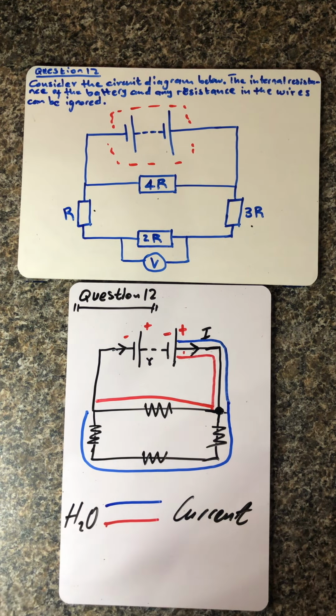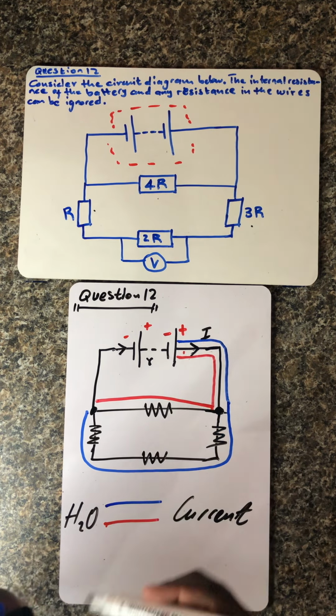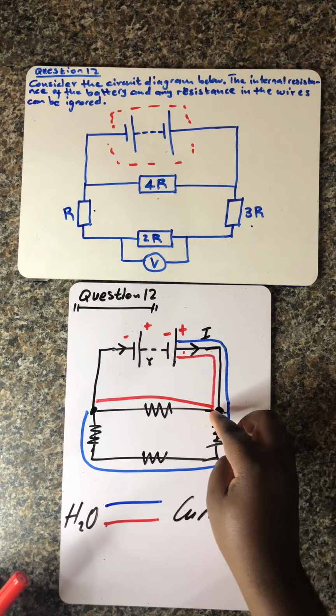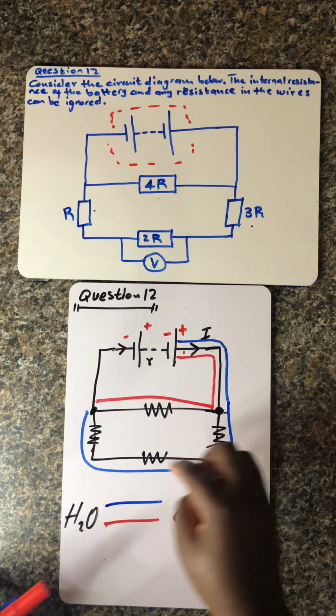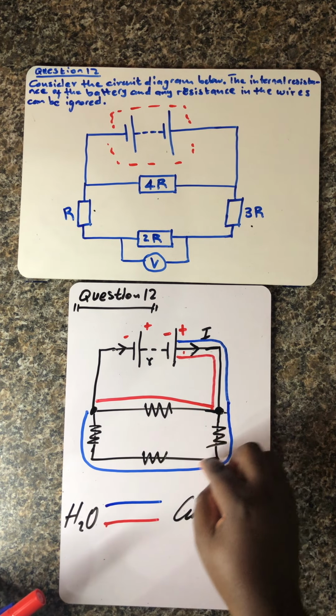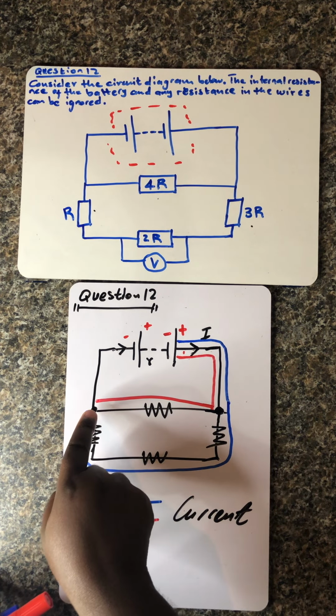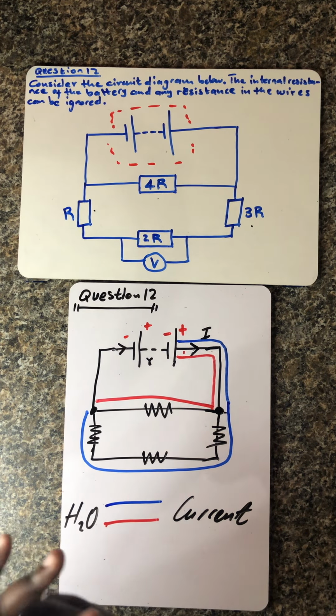Can you see those wires which split? They now join. So this is the wire, this is the wire, and then they join there. As soon as they join, it's just one wire.